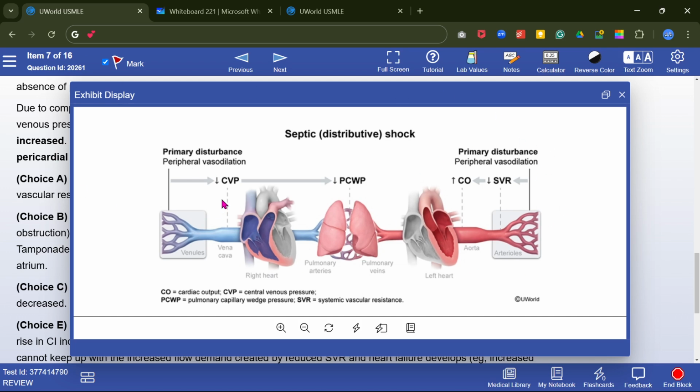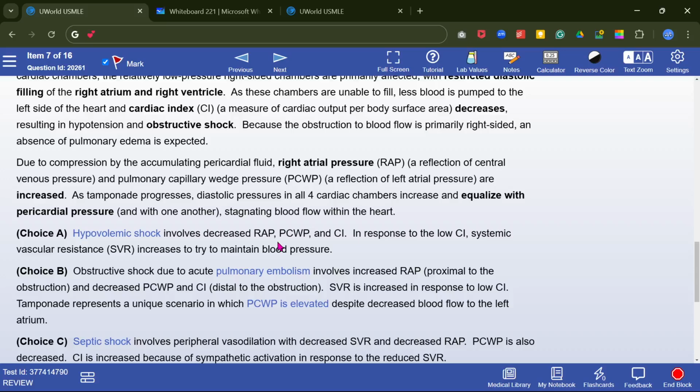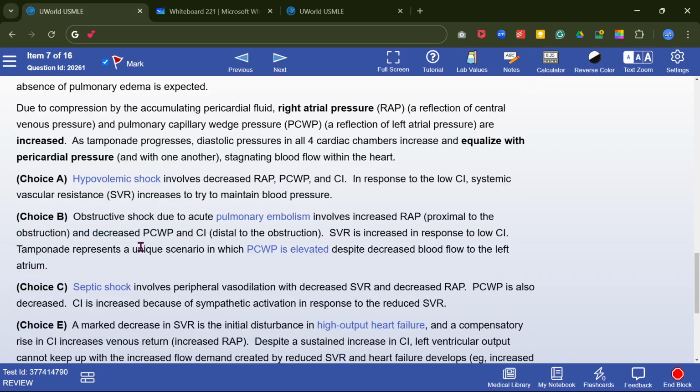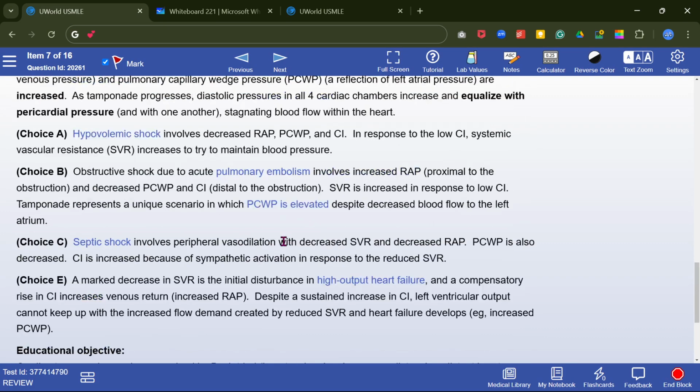So central venous pressure is decreased, systemic vascular resistance is decreased, and pulmonary capillary wedge pressure is decreased. So all decrease, and cardiac output is increased in septic shock.